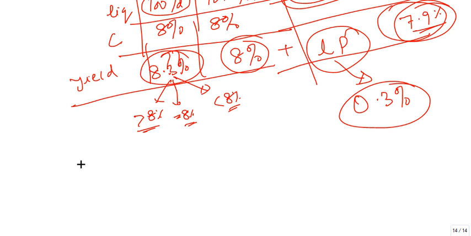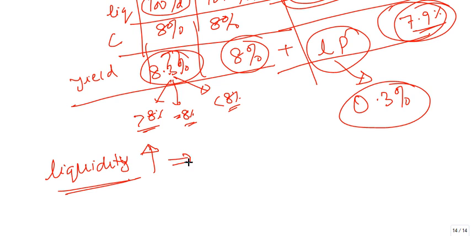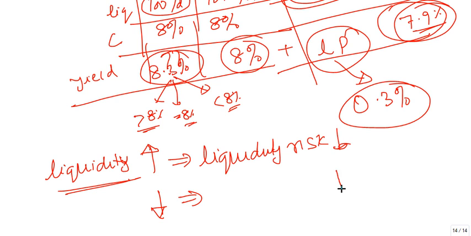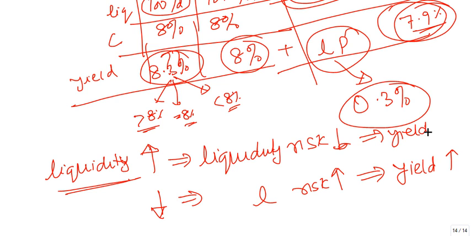Please note that liquidity and liquidity risk are opposite of each other. When you have higher liquidity, it implies lower liquidity risk, and when you have lower liquidity, it implies higher liquidity risk. This implies your yield will be more, and this implies your yield will be lower, right?